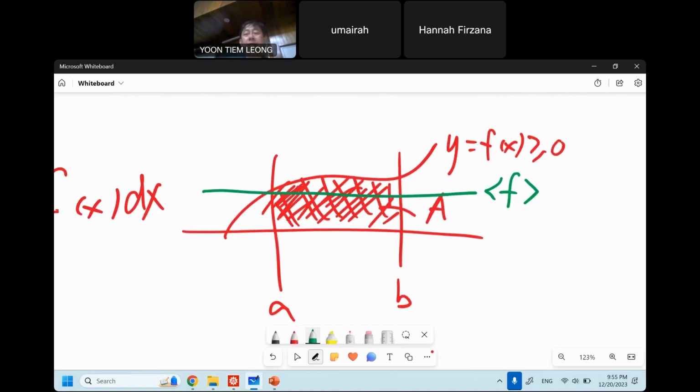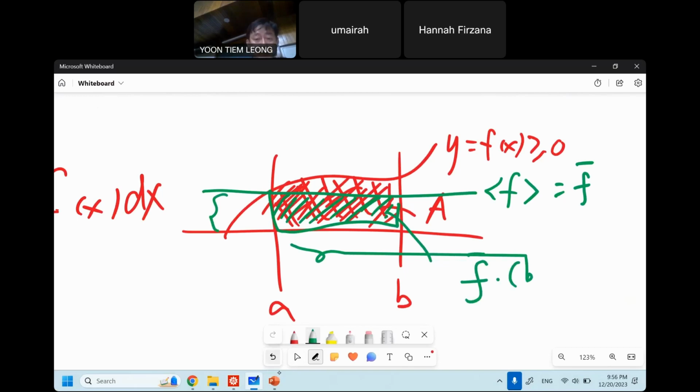Sometimes people also write this as f bar. This is a number such that the area of the green box, f bar multiplied by the width (b minus a), gives you the value of A.